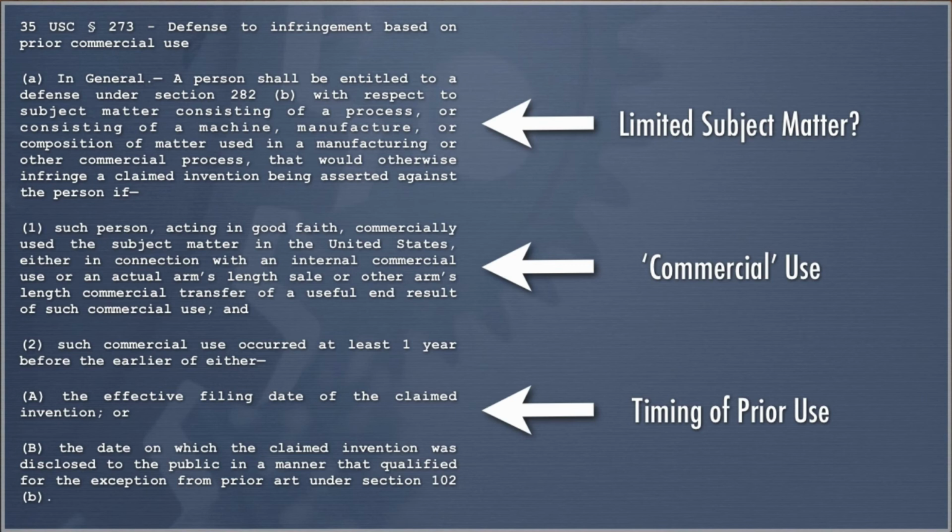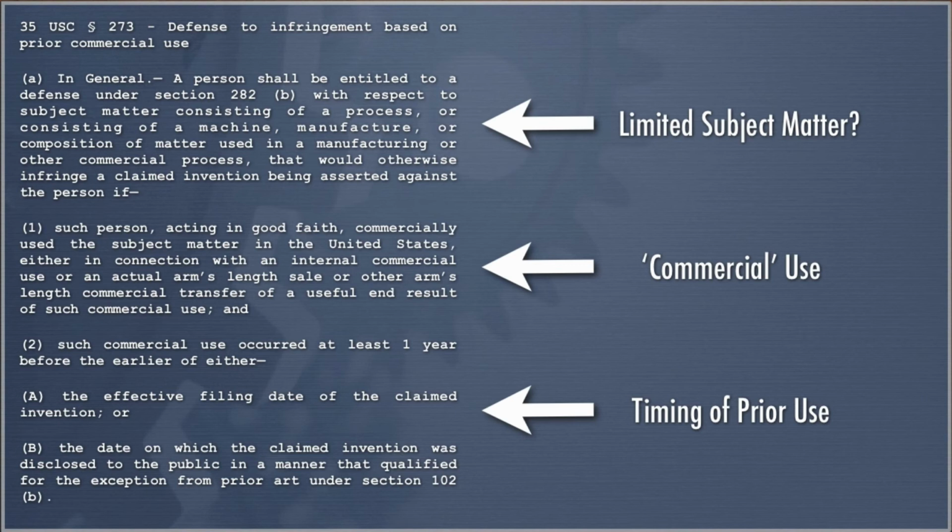The idea is that these are supposed to be primarily process-based inventions or other types of inventions which are used as part of a commercial manufacturing process, right? And so that's the scope, right? So it's not every kind of patent that's going to be eligible for a prior user rights exception.